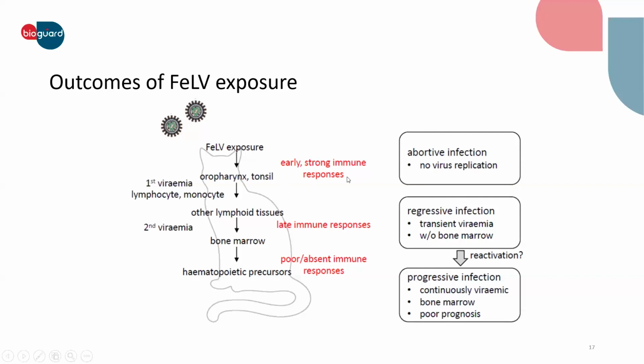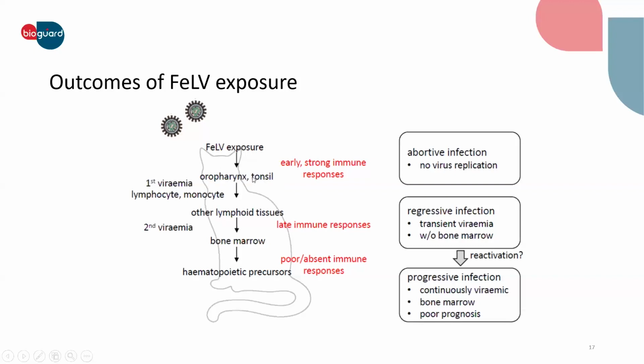However, if the cat doesn't have that early strong immune response, the FeLV virus will infect the cells in the oropharynx and tonsil.